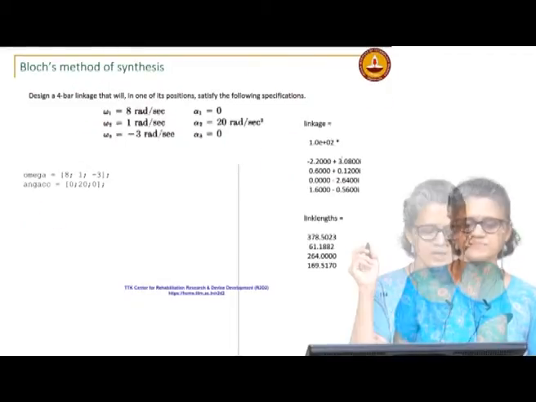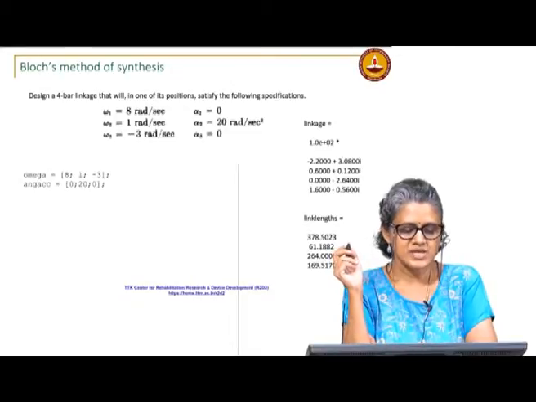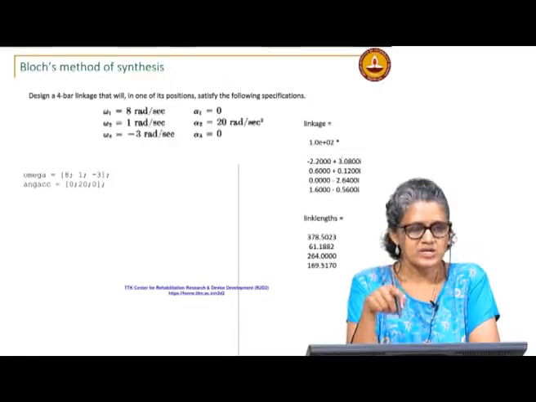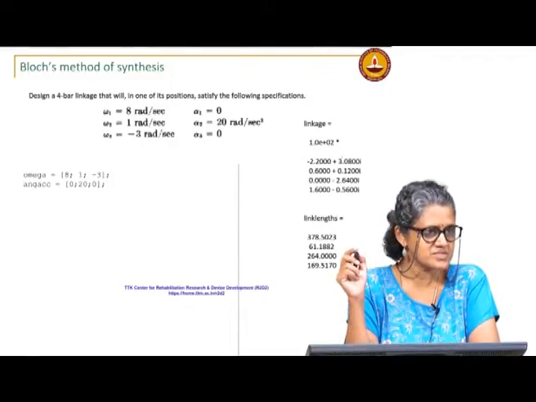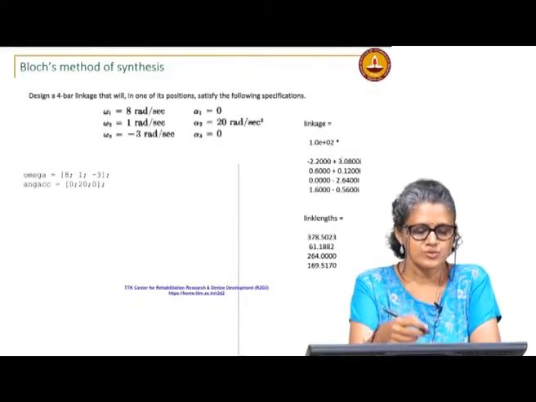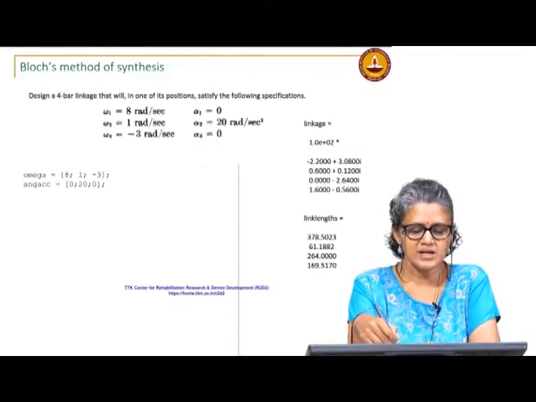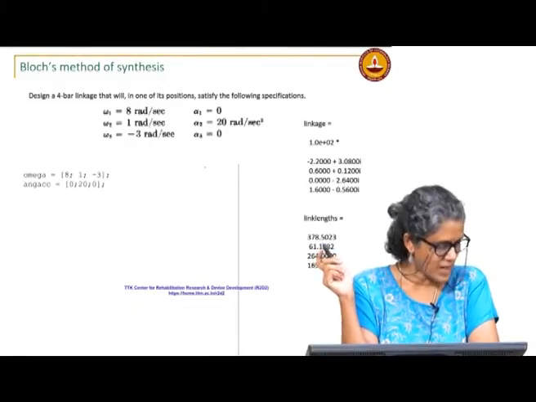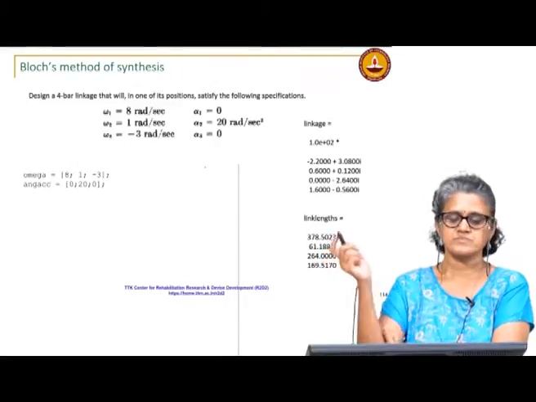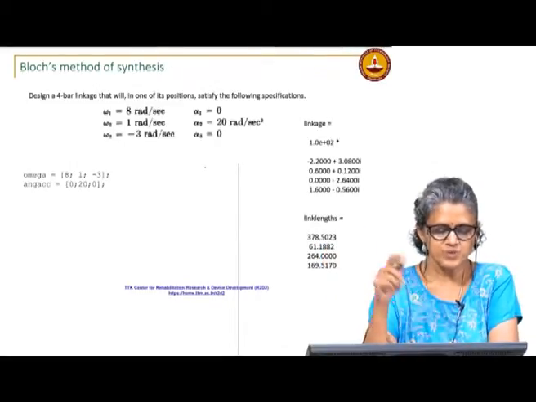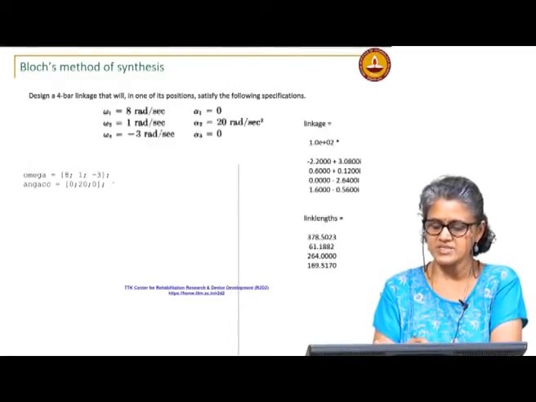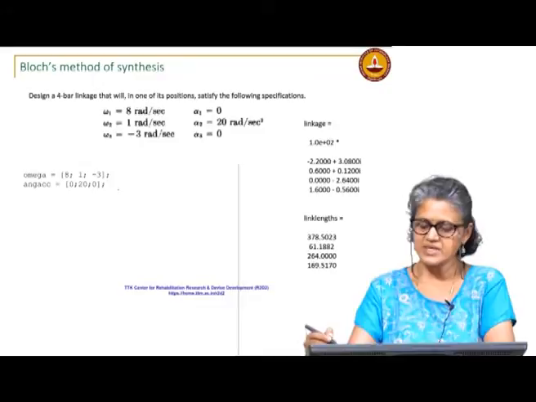So, this is a problem. You design a 4 bar linkage, in one of its positions you want it to satisfy the following specifications for omega 1, omega 2, omega 3, alpha 1, alpha 2, alpha 3. Okay. So, I would program, if I use Bloch's method, then these are my initial conditions and I end up with a linkage.